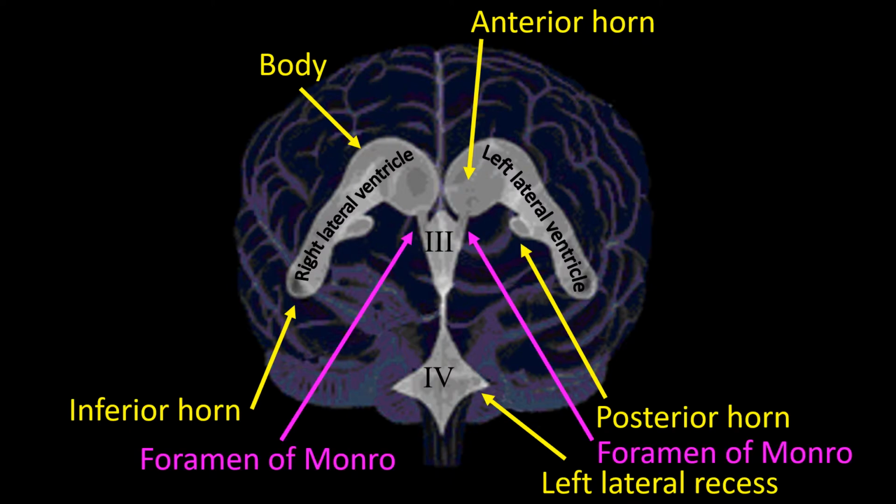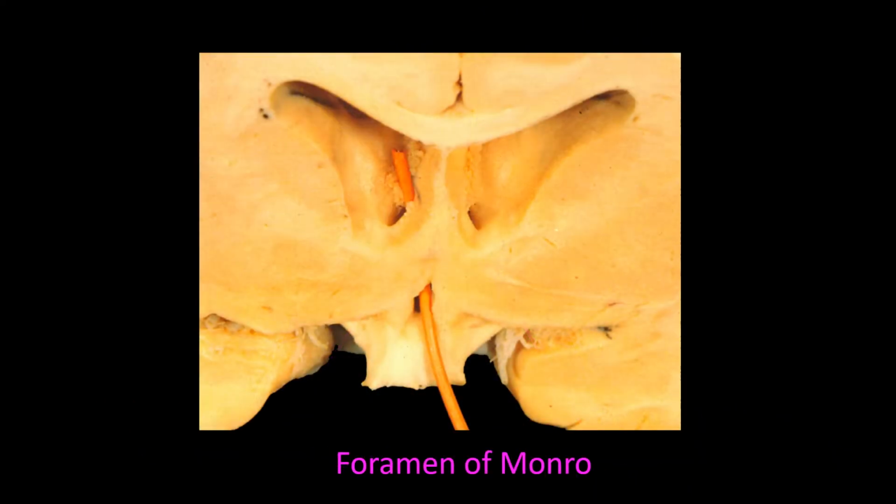I have now indicated the foramina of Monro. Here in this specimen you can see a cannula going through the right foramen of Monro, communicating the right lateral ventricle to the third ventricle.